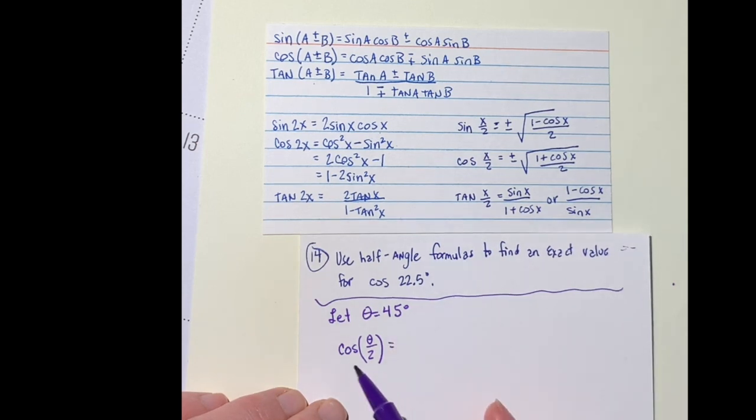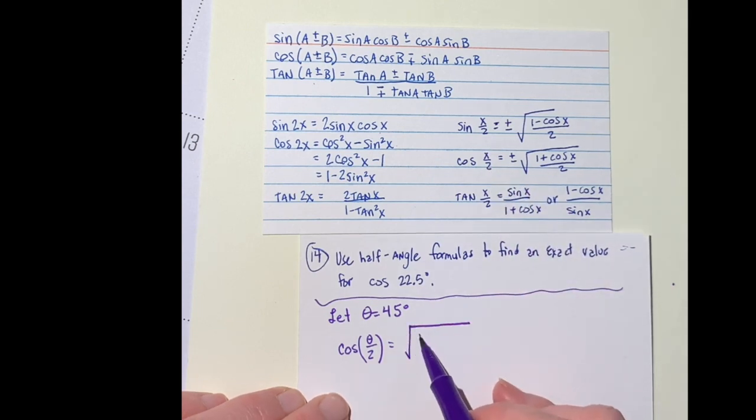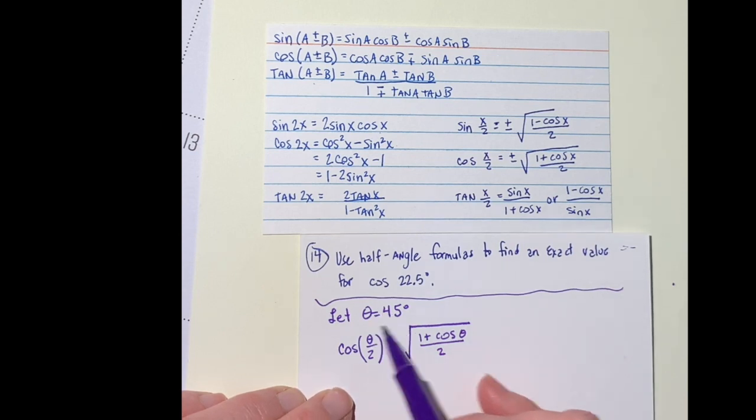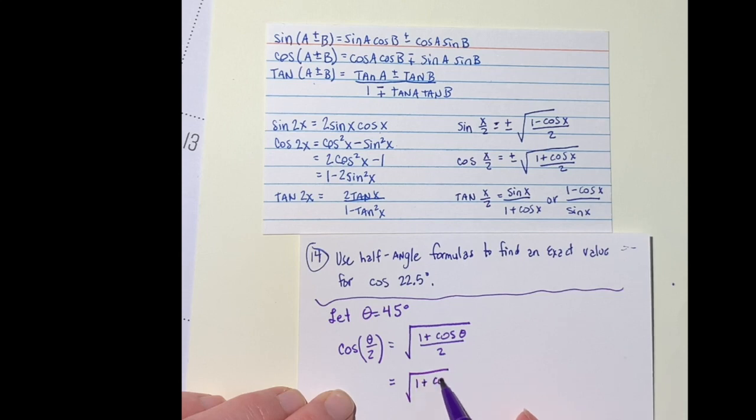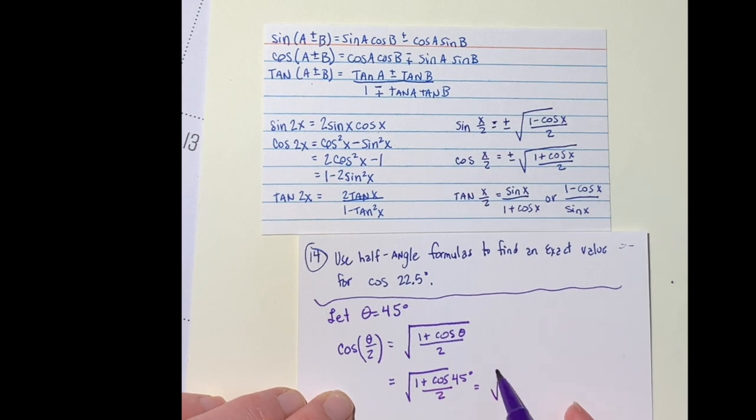And so I can then replace cosine of theta over 2 using my formula here with the square root of 1 plus cosine of theta over 2, and again, it's a first quadrant angle, so it's positive, so I don't have to worry about the sign. But the 1 plus cosine of theta, 45 degrees, over 2, and the cosine of 45 degrees is square root of 2 over 2.